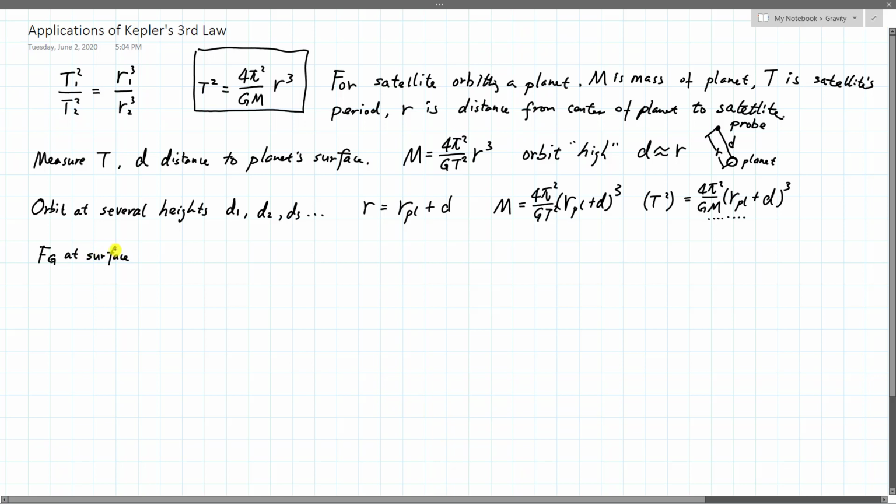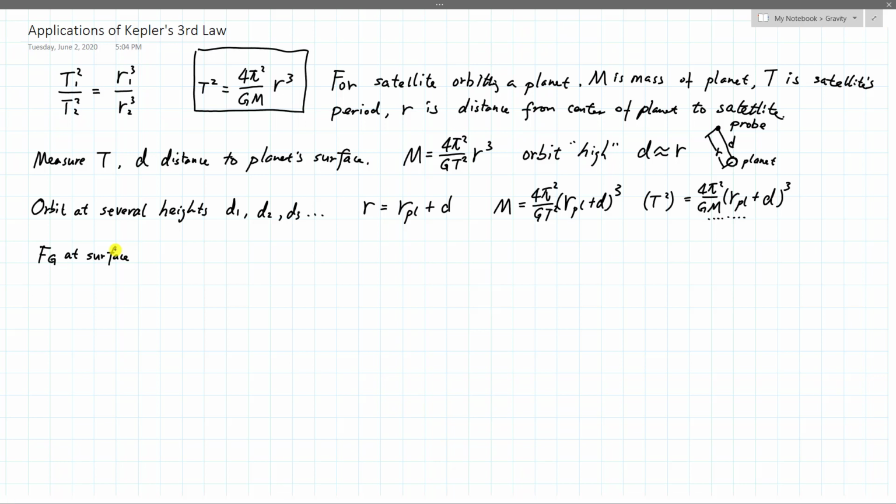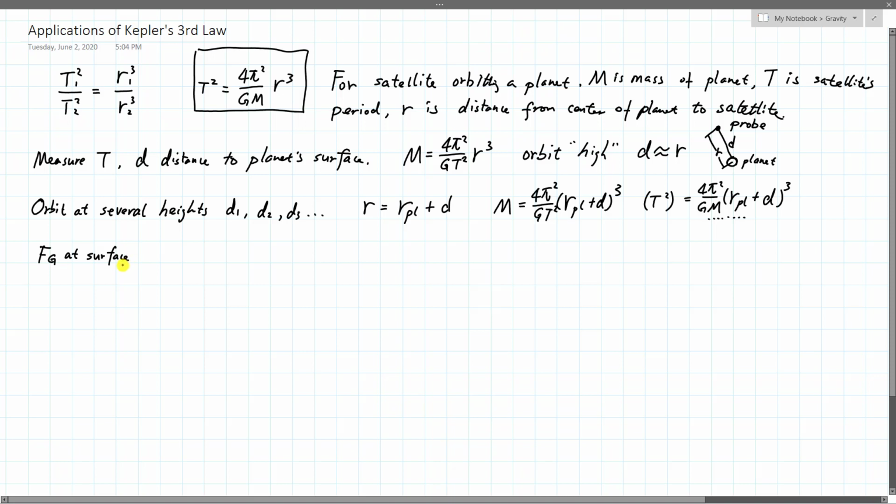This is important because if we wanted to land anything on the surface, we need to know the gravitational pull near the surface, so we can navigate that landing, right? So Fg at the surface, and that is equal to F little g.